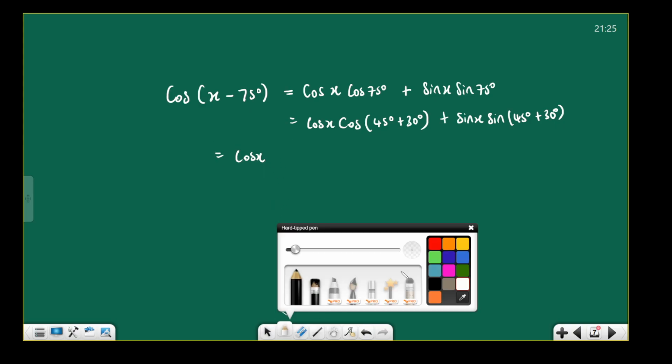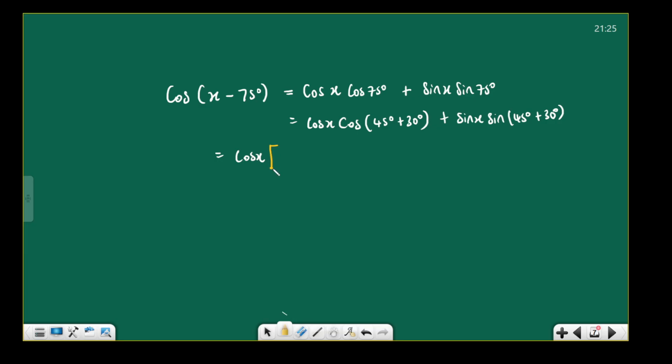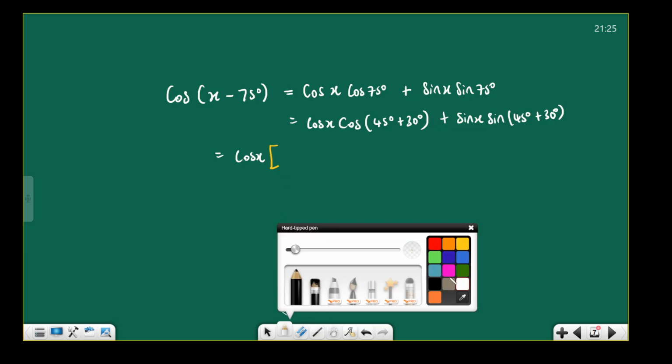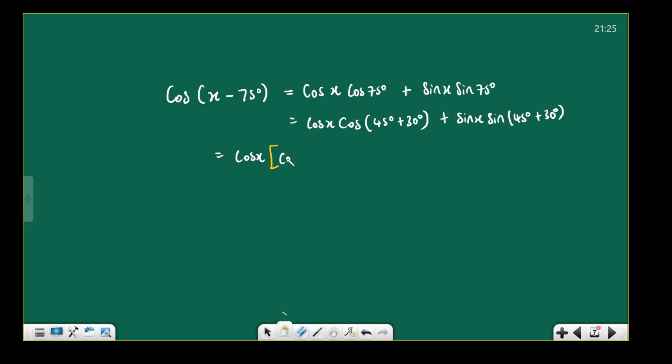So what we're gonna have, let me open a big bracket and then write it inside. We're gonna have cos 45 times cos 30, right? Because it is a lady there, then she changes her mood, so you have minus, then sine 45 and then sine 30 degrees.